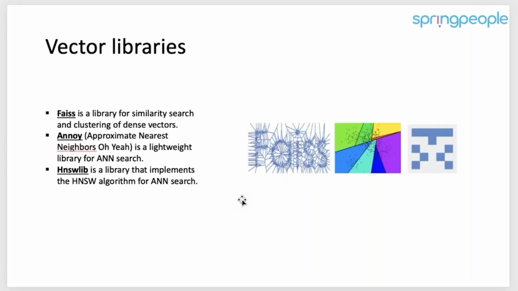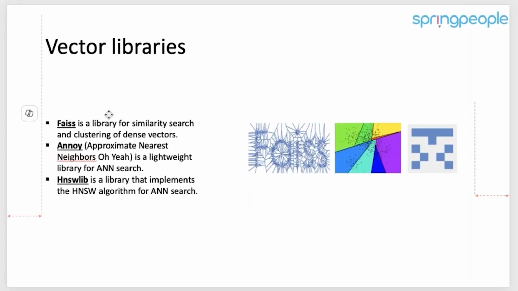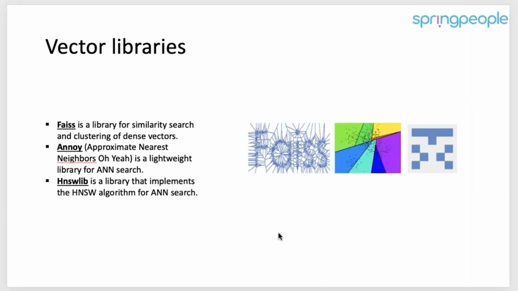And then you have vector libraries. This whole solution is built on these libraries, and there are various of these. Even Google has its own custom, proprietary, I should say, libraries that have been built and utilized.